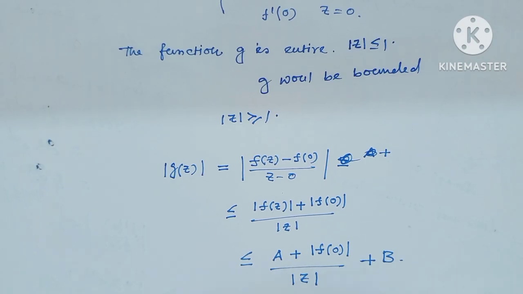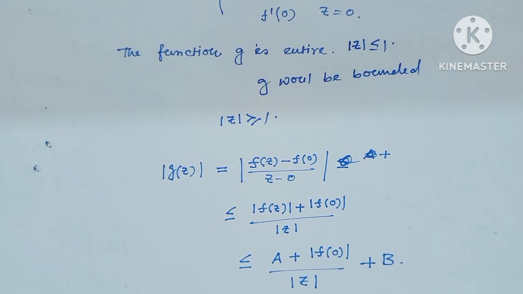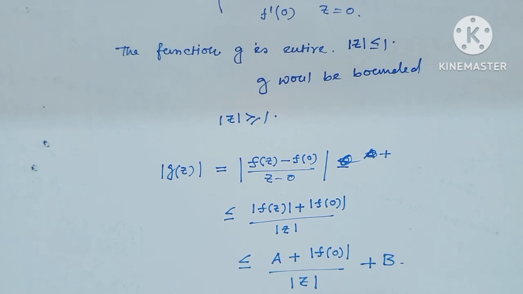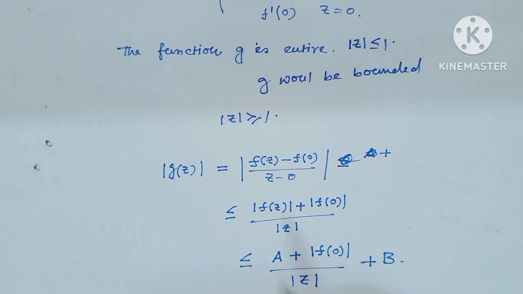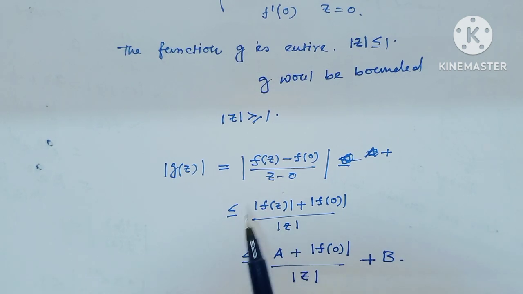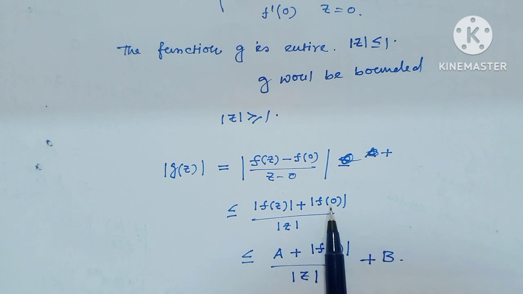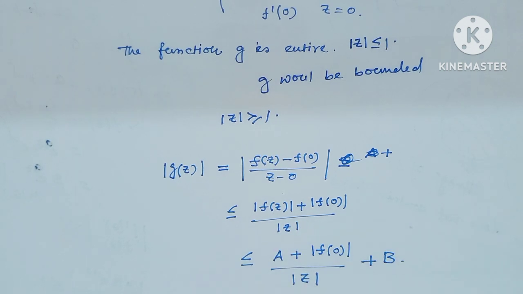When |z| is greater than or equal to 1, then |g(z)| equals |f(z) minus f(0)| over |z minus 0|, and this is less than or equal to, by the triangle inequality, (|f(z)| plus |f(0)|) divided by |z|.